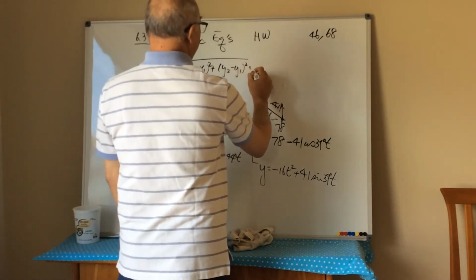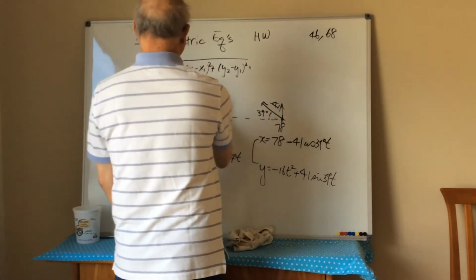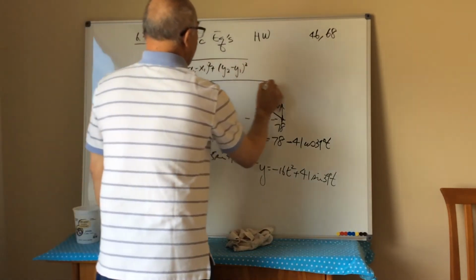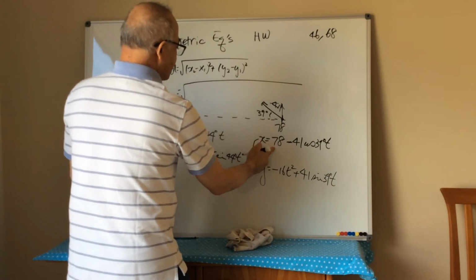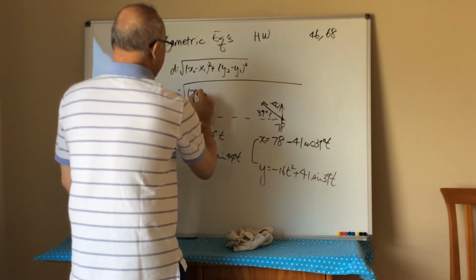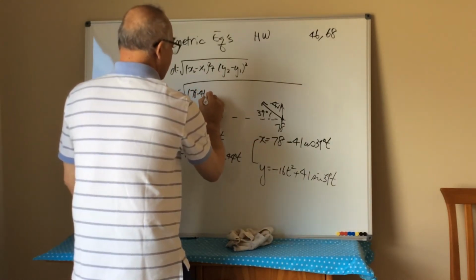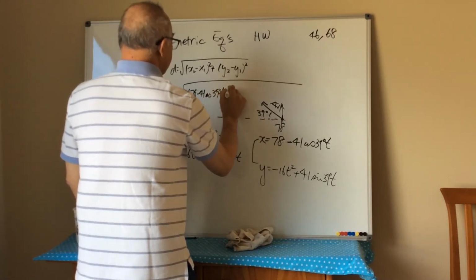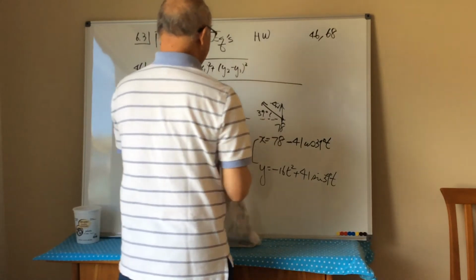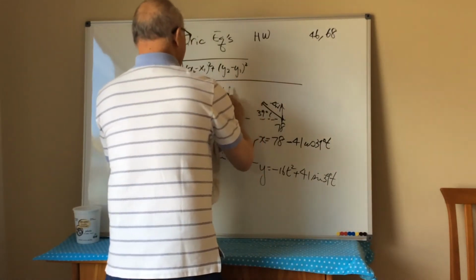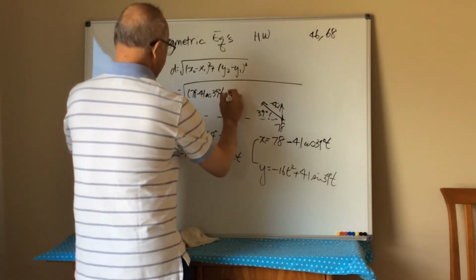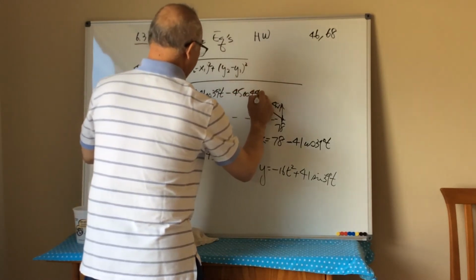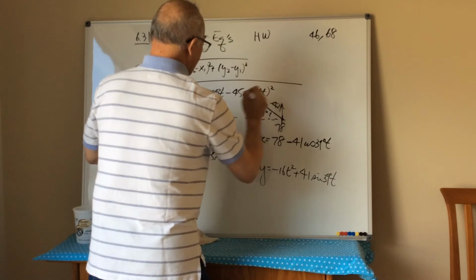So this is going to be equal to the square root of x2, 78 minus 41 cosine 39 degrees t, so that's x2. Then we're going to subtract x1, subtract this guy, 45 cosine 44 degrees t, squared.